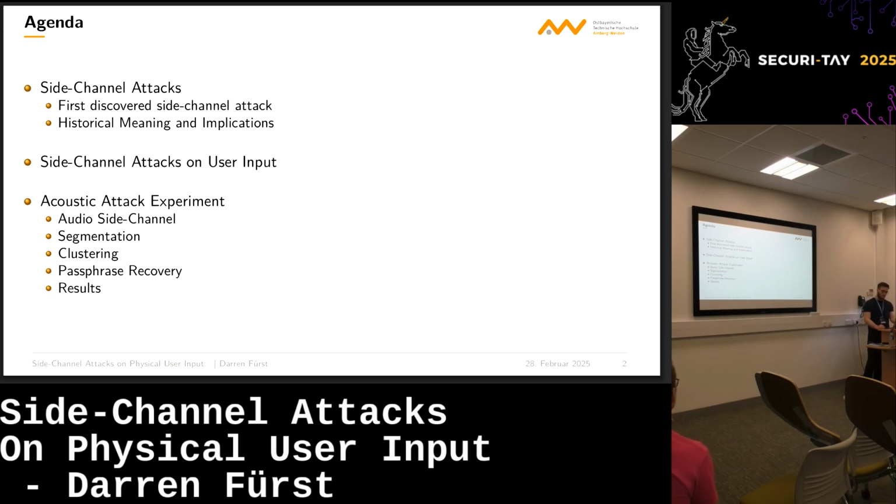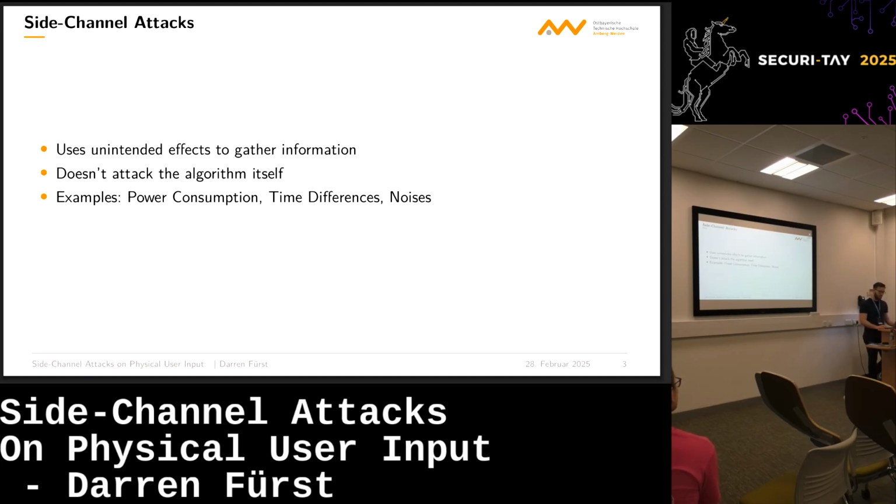So we'll talk about how I use the audio side channel, the segmentation of keystrokes, because if you want to look at which keystrokes might have been similar while typing, you do need to cut them out of the sample. Then clustering to find out which may be similar. Then passphrase recovery, because what I try to do is to get back passphrases, and then the actual results, so how well we did with this.